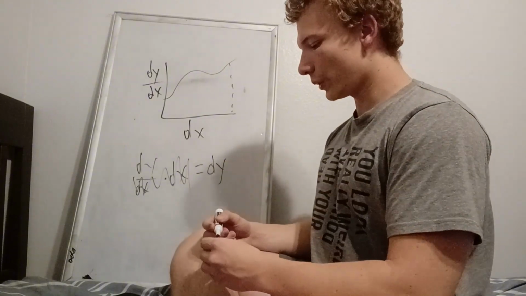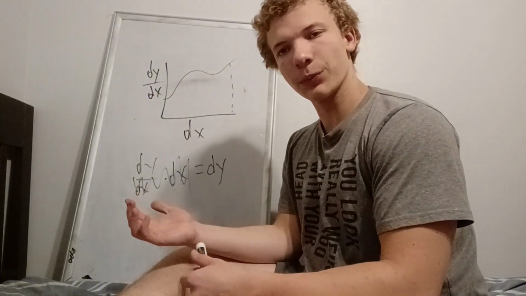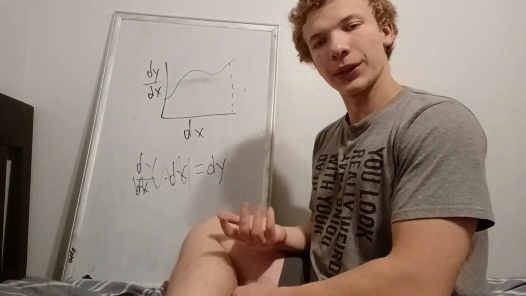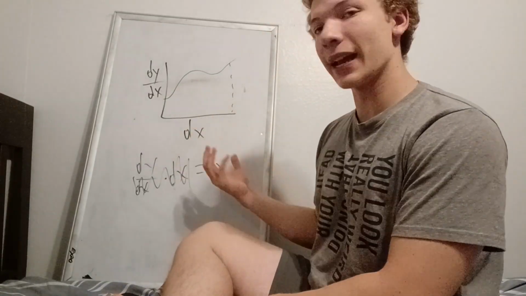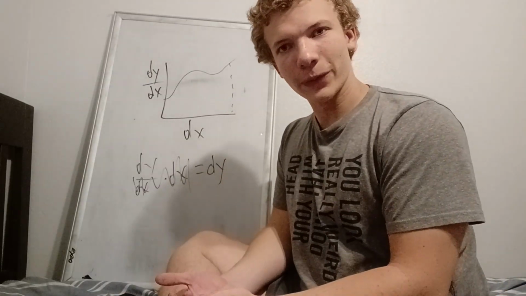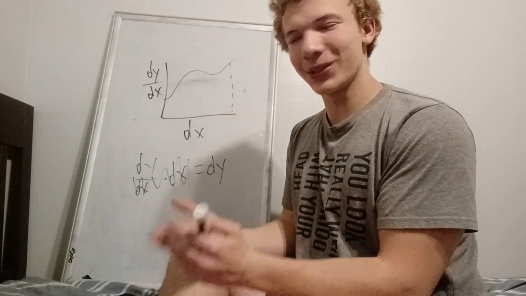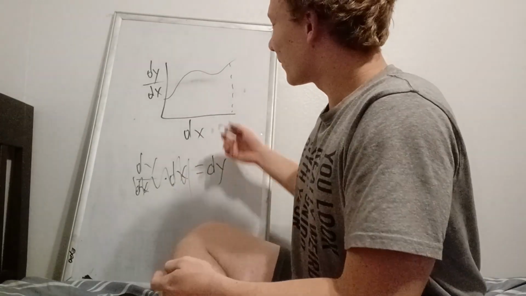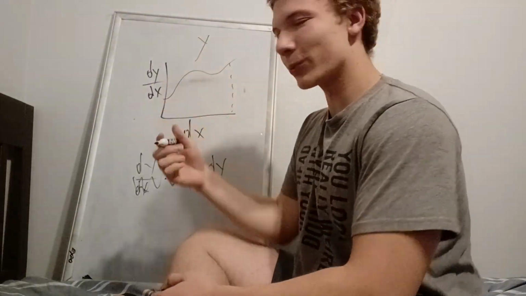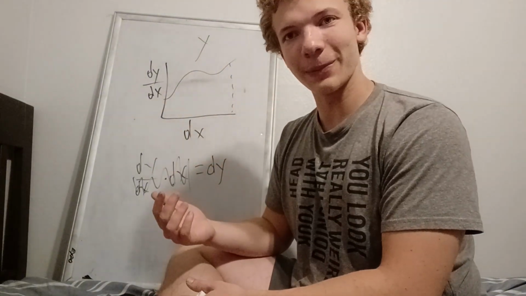So we get dy when we integrate, when we find the area under the curve, because we're multiplying dy/dx and dx. But what's dy? It's the difference in y, which means it's just y, which is the original function. dy/dx is the rate of change of the function, but the original function is y. So I hope all that made sense.